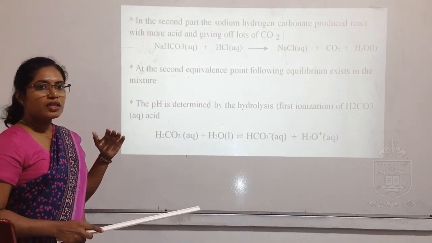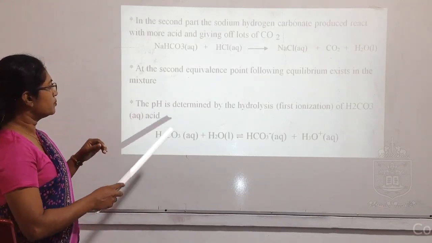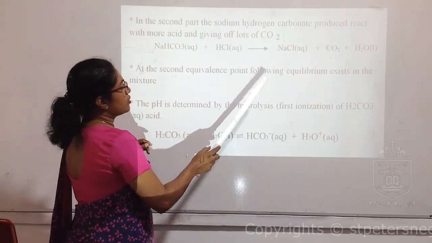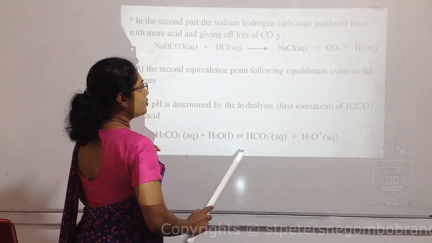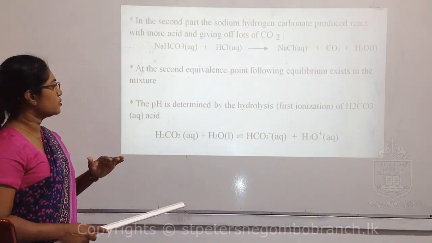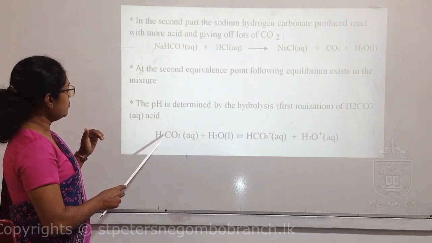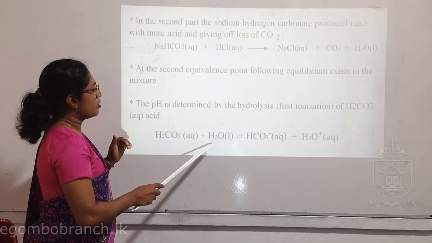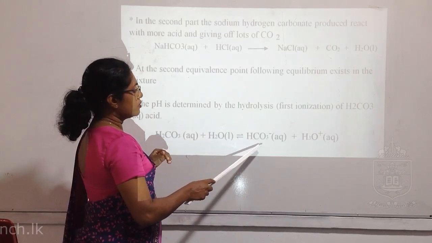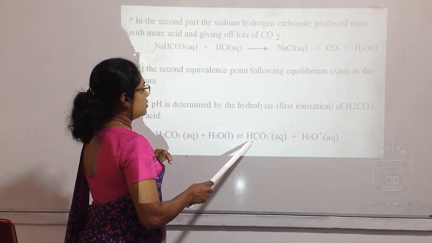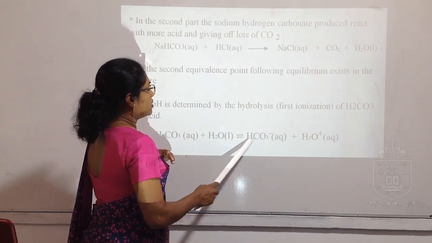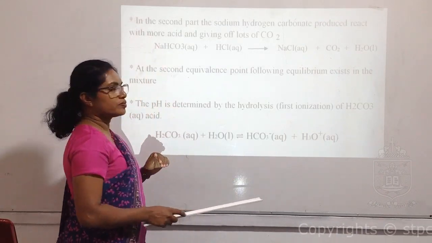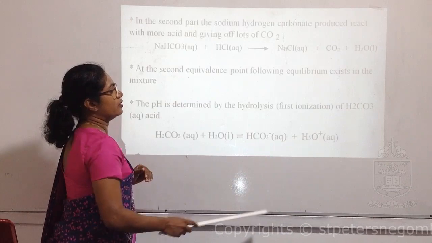And let's see what equilibrium exists at that point. At the second equivalence point, this is the equilibrium that exists in the solution, because at that time carbonic acid and water dissociate and form the HCO3 minus ion and H3O plus ion.